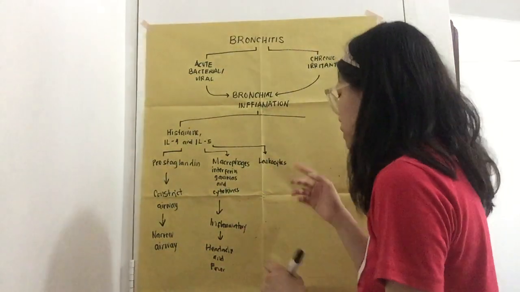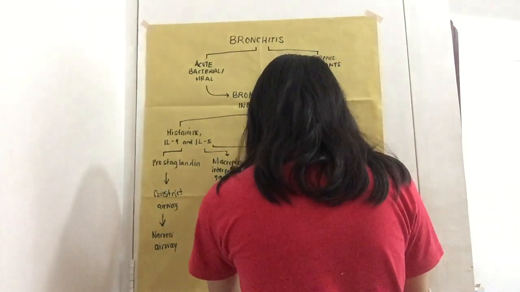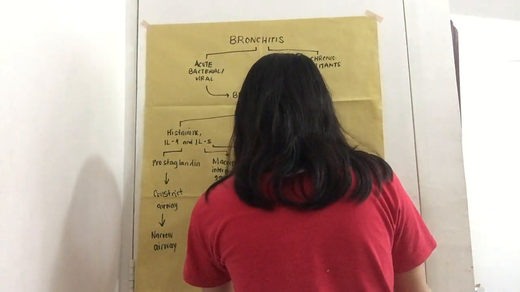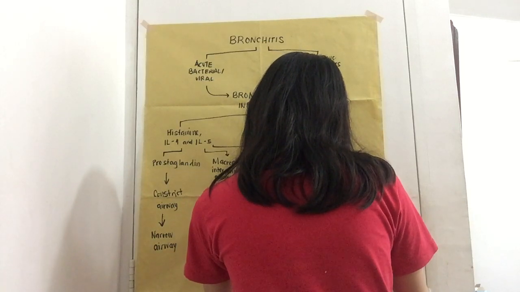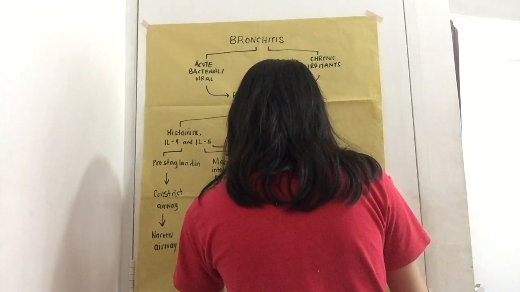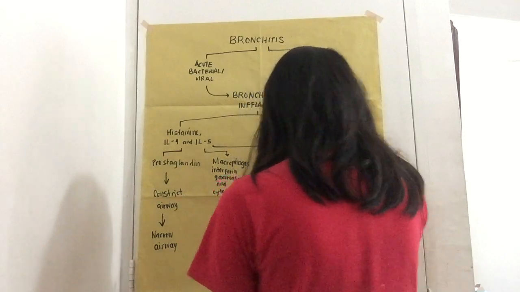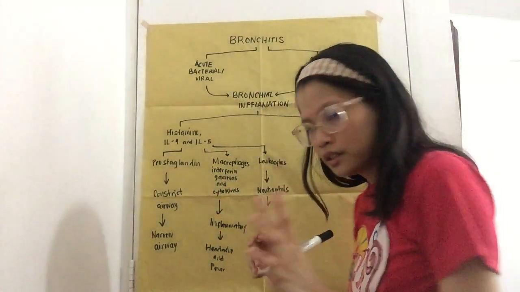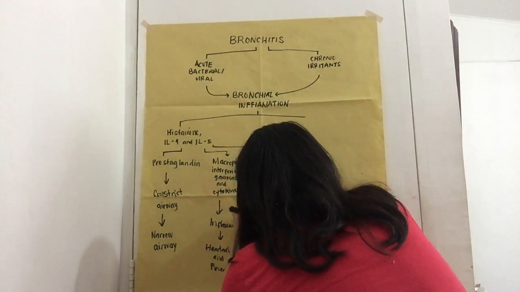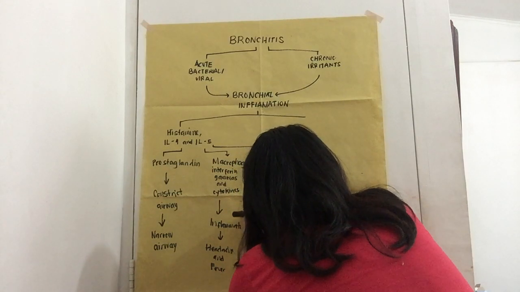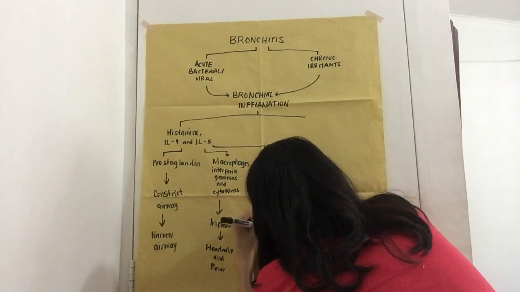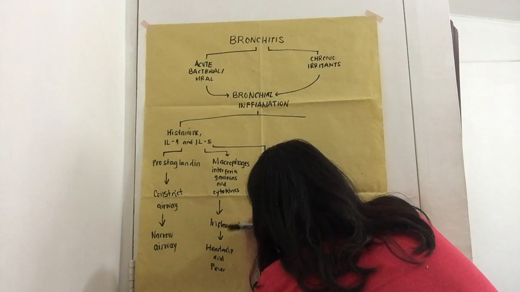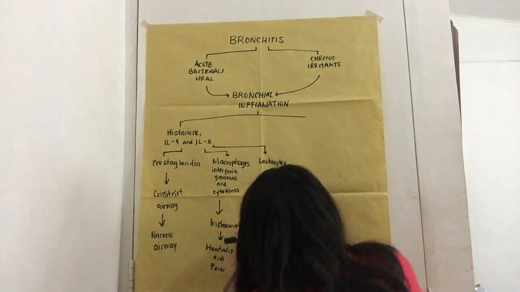And for the leukocytes, which is our neutrophil that works with our macrophages, neutrophils cause an increase in the permeability of our capillaries, and this causes exudation and swelling.